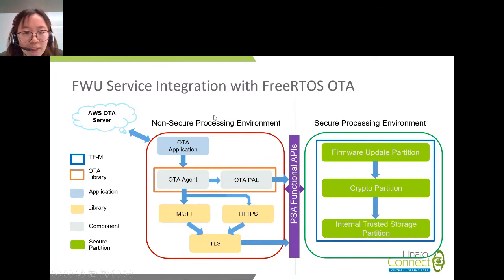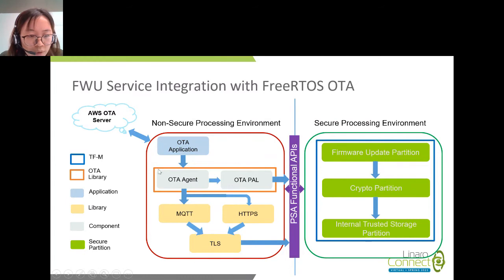As you can see, the non-secure process environment runs applications while TFM runs in the secure process environment. On the non-secure side, the OTA application calls the OTA library to achieve the firmware update over the air.